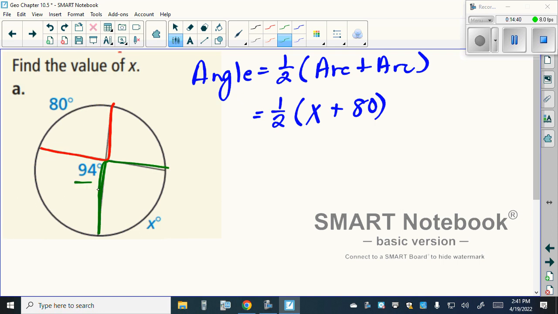I know that this is 94, and either this angle here or this angle here should add together to be 180. So that was going to be 86. To find that, we could take 180 minus 94, which would give us 86. So this angle here is 86.